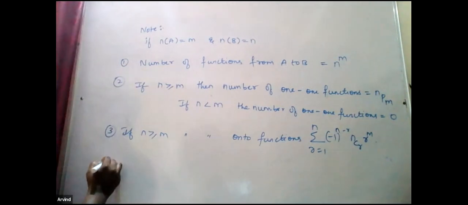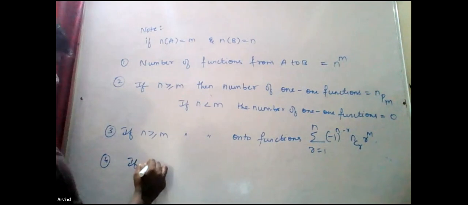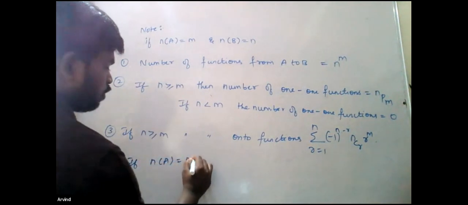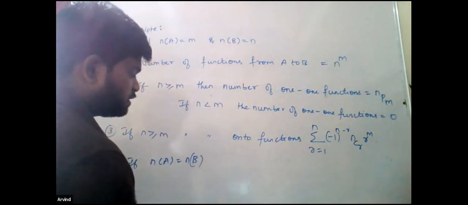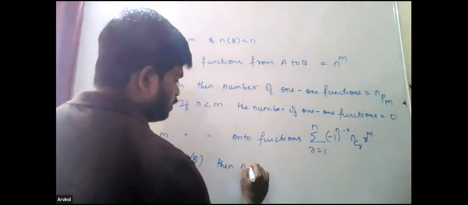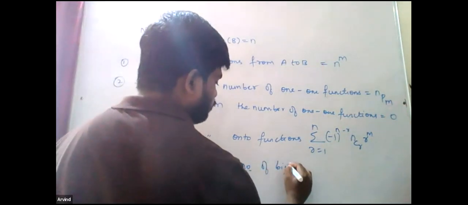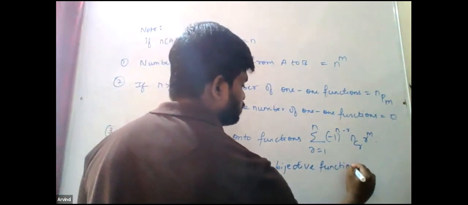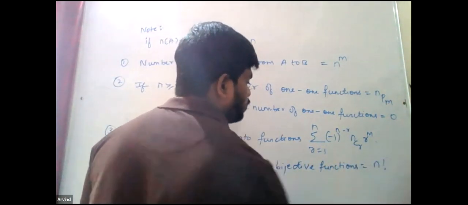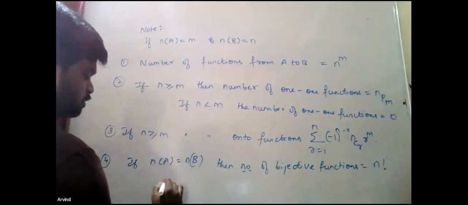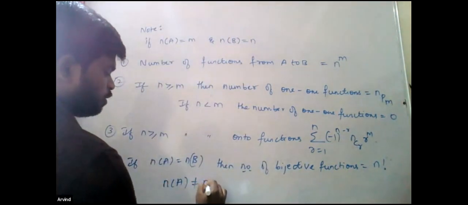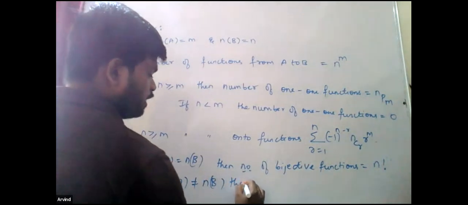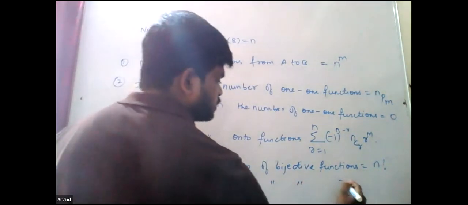Okay. The fourth one is, if the order of A is equal to the order of B, only then you can have bijective functions. Then the number of bijective functions is equal to n factorial. If suppose n of A is not equal to n of B, then the number of bijective functions is 0.